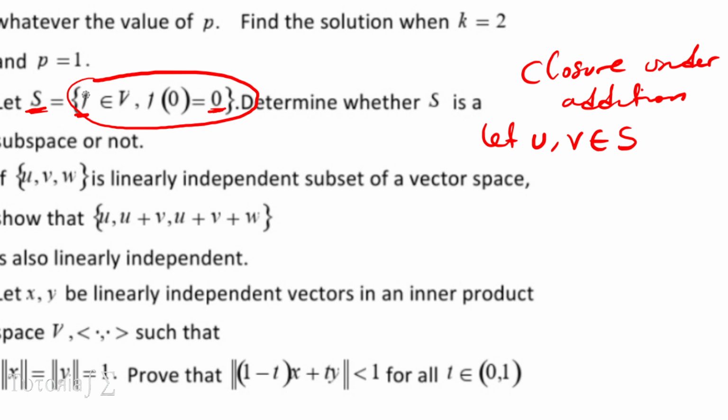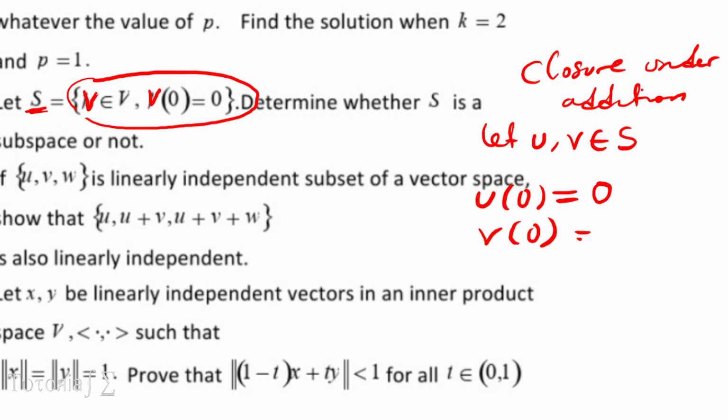Where there is T, it's the same thing as putting U element of V, so U of 0 should be equal to 0. Since V is also an element of S, V of 0 should also be equal to 0.